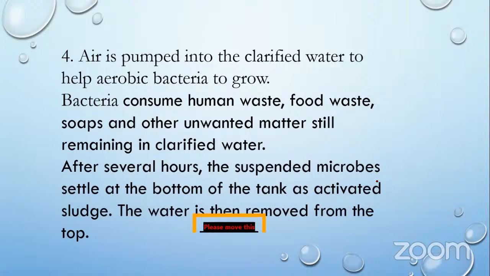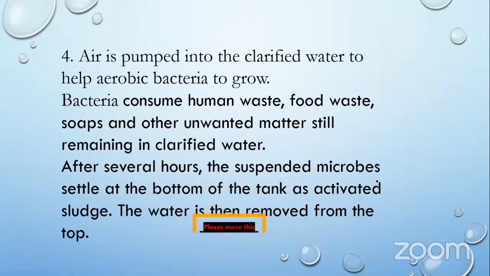So we have seen sewage water is cleaned by 3 processes: physical, biological and chemical. Until now we have seen about the physical process. Now it is the biological process. After several hours, the suspended microbes settle at the bottom of the tank as activated sludge. The water is then removed from the top.